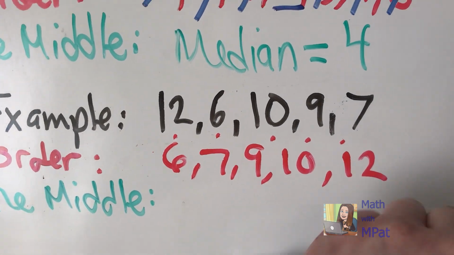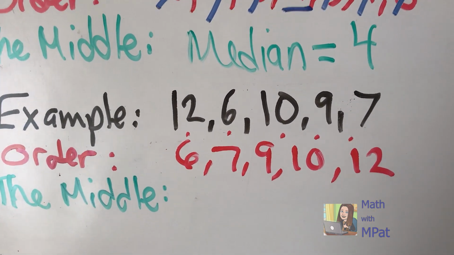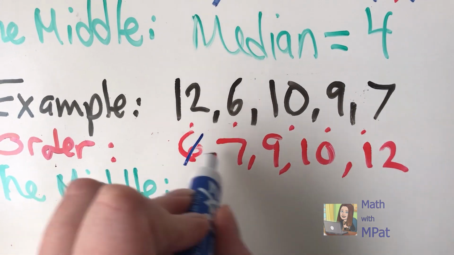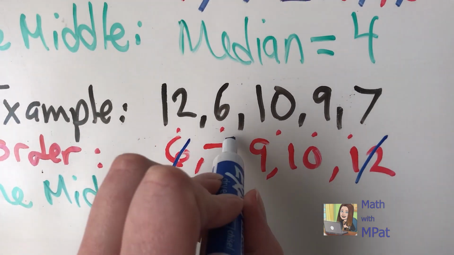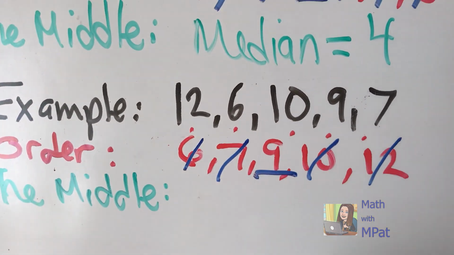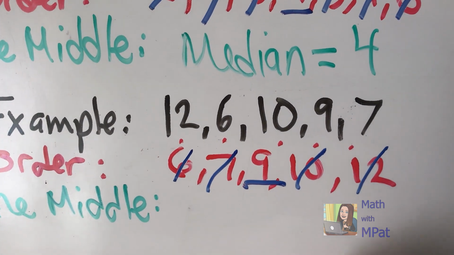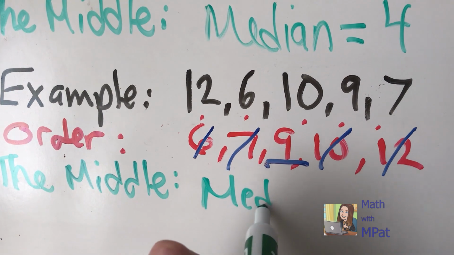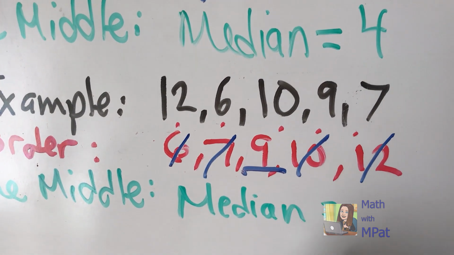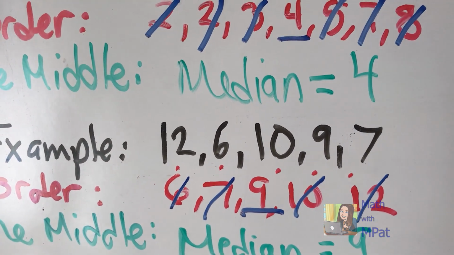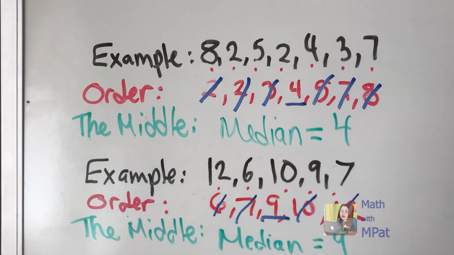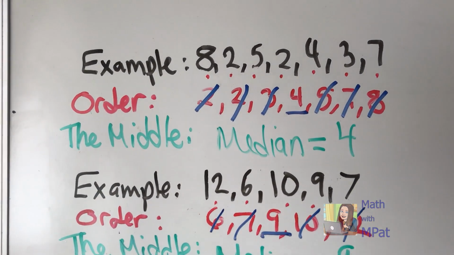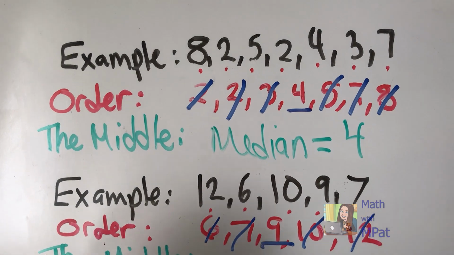We're going to cross them off again, starting on the outsides. 6, 12, 7, and 10, and look, I found the middle. So the median for this set is 9.